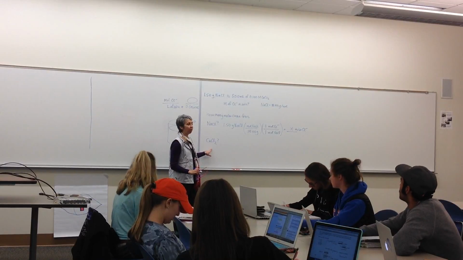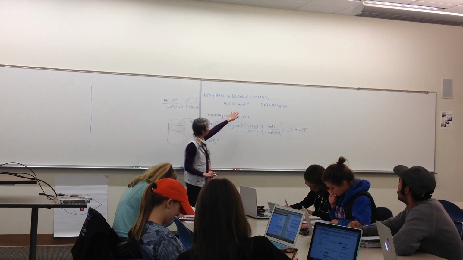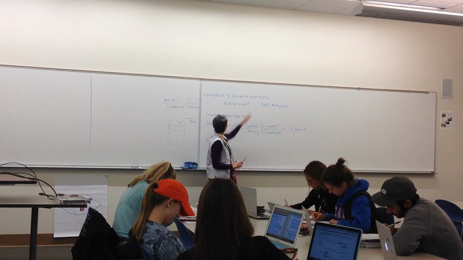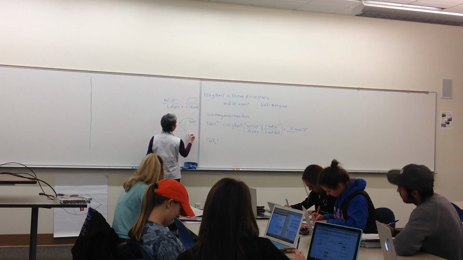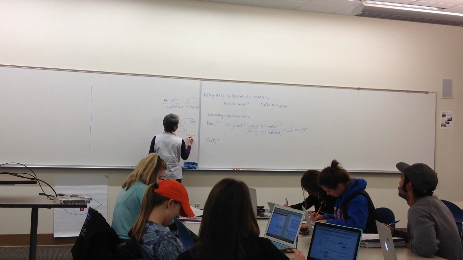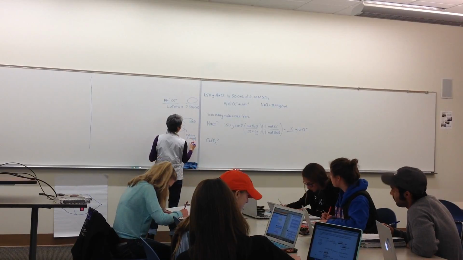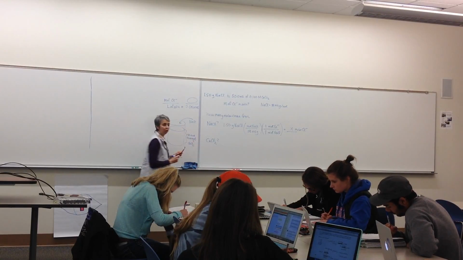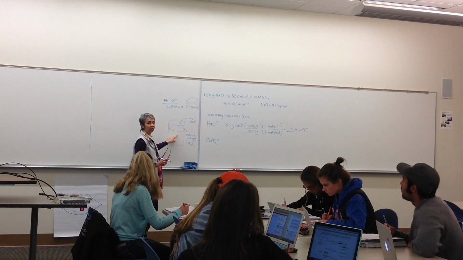Okay, so let's figure out how many moles of chloride come from the calcium chloride. In this case, before we put the sodium chloride in, this was 50 milliliters of 0.1 moles per liter calcium chloride. So how many moles of chloride were already in there?